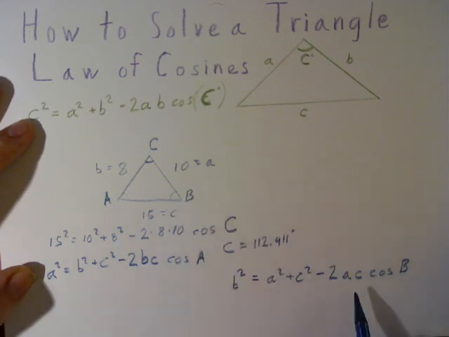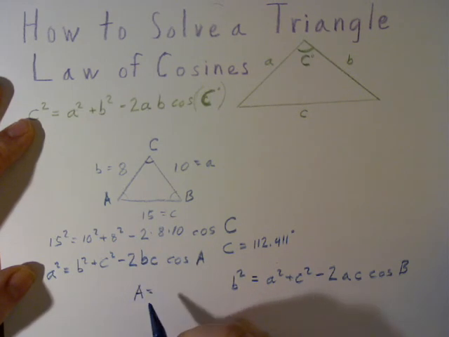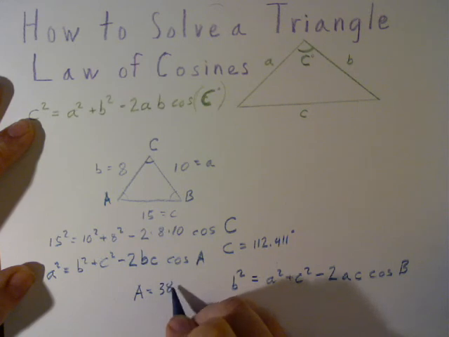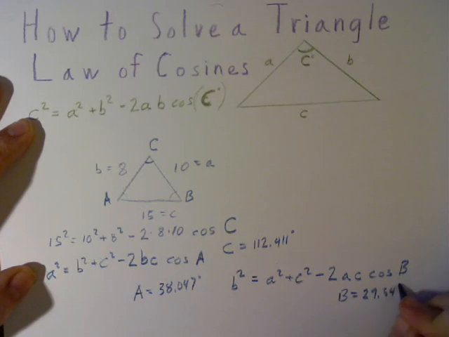Now, using these, we can solve for each of the angles of the triangle. If we plug in the numbers for a, we'll find out a equals 38.047 degrees and b equals 29.541 degrees.